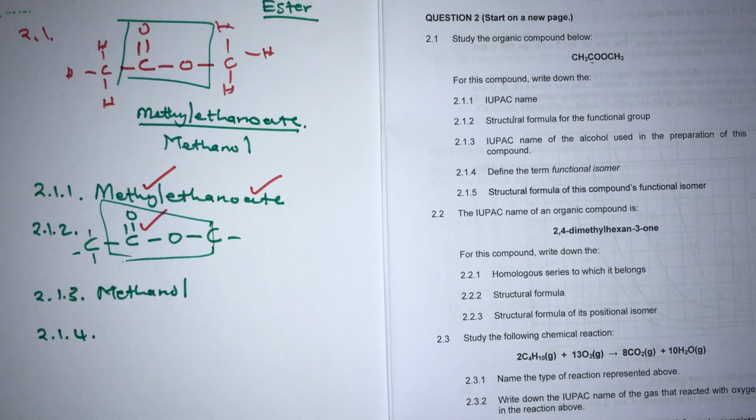So functional isomers are organic molecules having the same molecular formula but different functional groups.